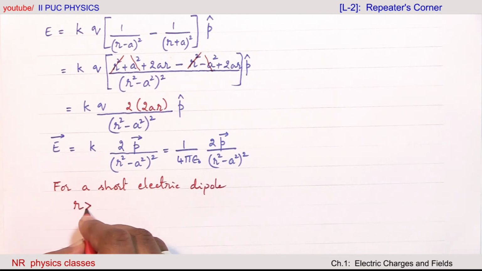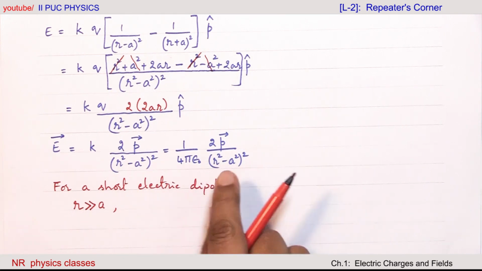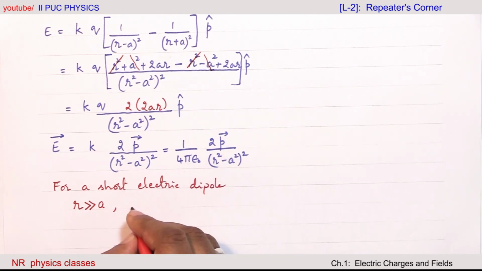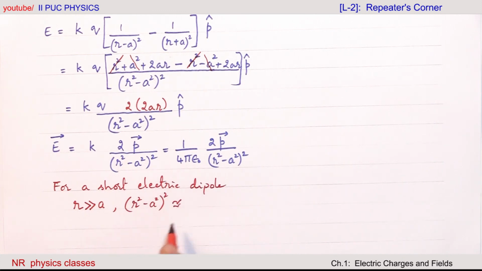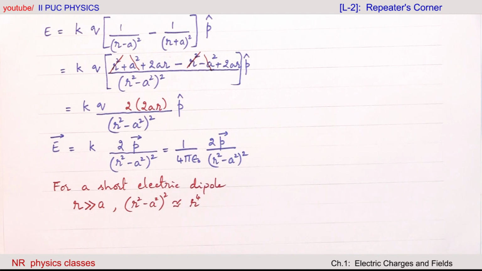R should be very much greater than A. If R is very much greater than A, then in the denominator we can neglect A square. So R square minus A square whole square is approximately, if we neglect A square, R square square, R to the power of 4.